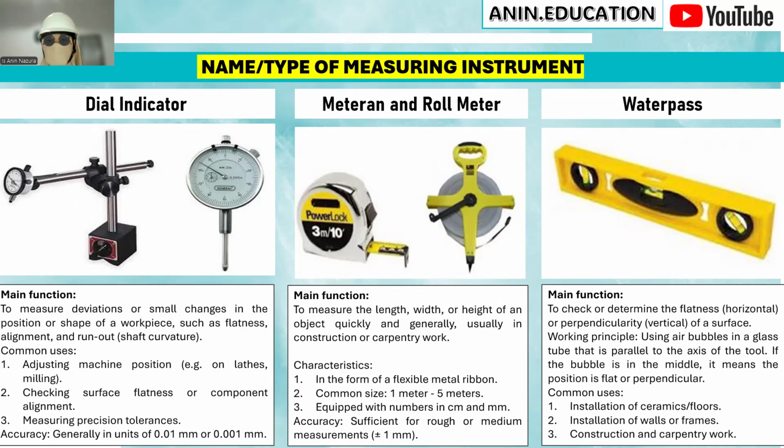If the bubble is in the middle, it means the position is flat or perpendicular. Common use is installation of ceramic or floor, installation of wall or frames, and tree constructions and carpentry work.